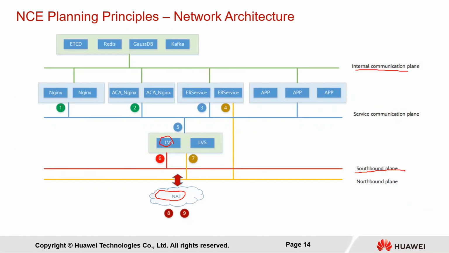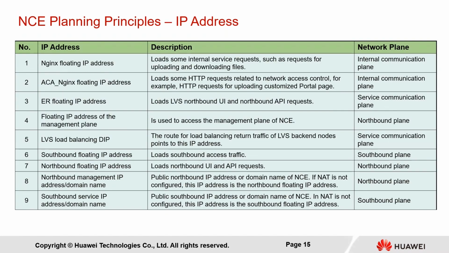So the number 1 here, on the service communication plane, the IP address is NGIC's floating IP address, and the network plane is the internal communication plane. Later on, after the session, you're going to get the PowerPoint, so you can come back and check the correspondence between these planes and the details.